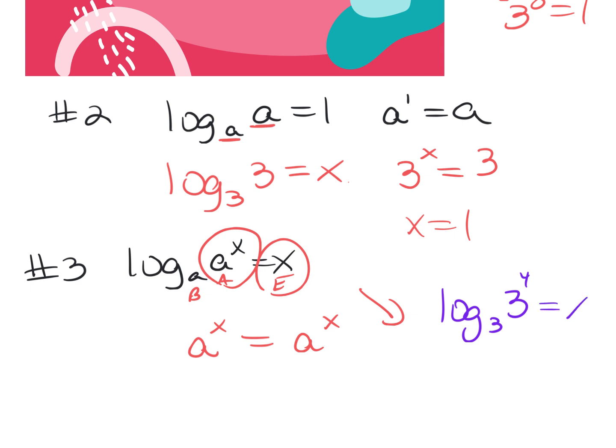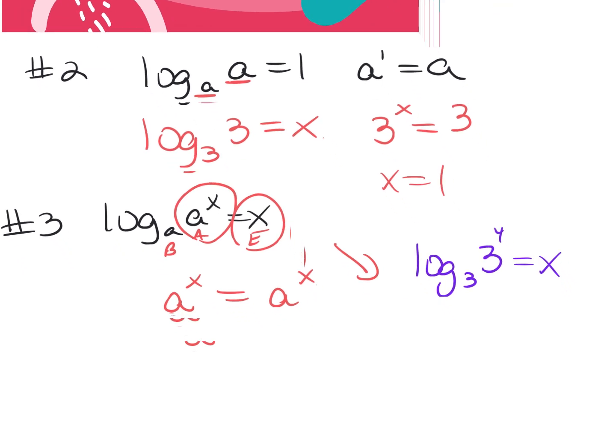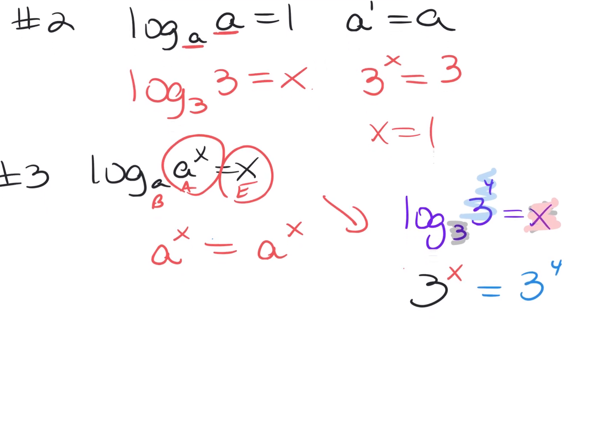So if you want to add in an x here, what this becomes is this base, the 3, raised to this exponent, put an x here, equals the answer. And then if you notice, this is back in 5-1, our one-to-one property. And notice the 3's would cancel and x equals 4.